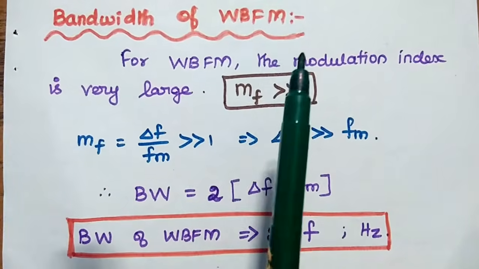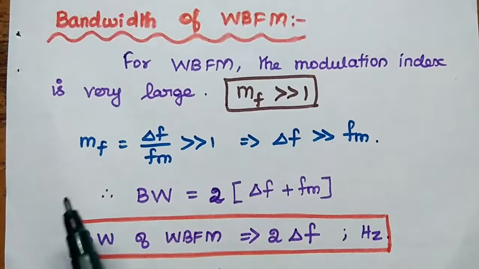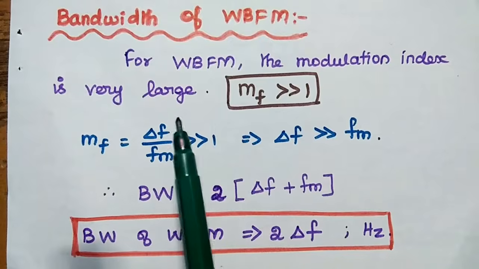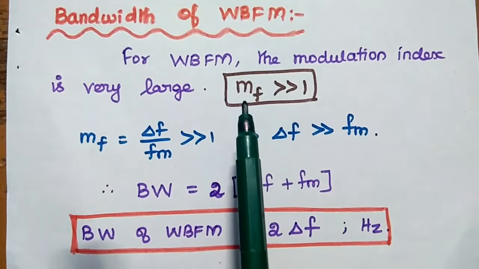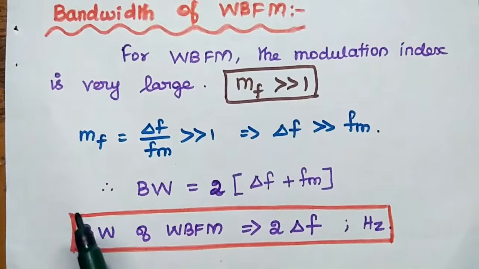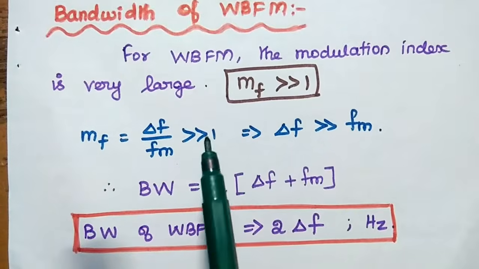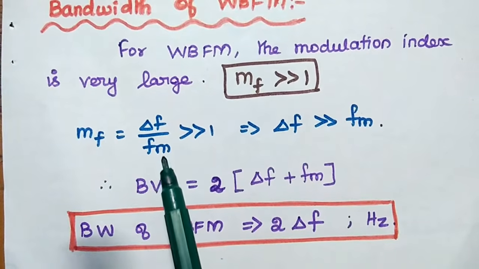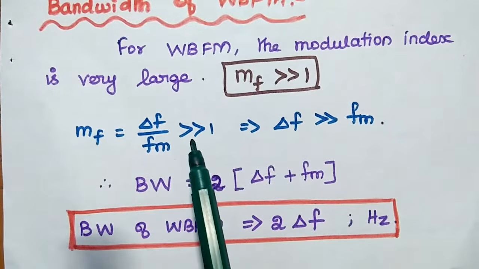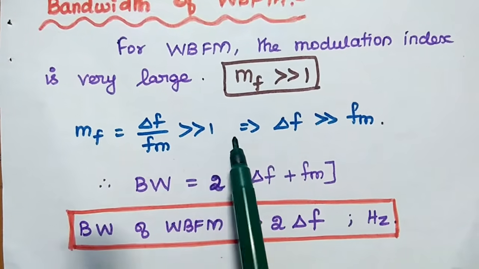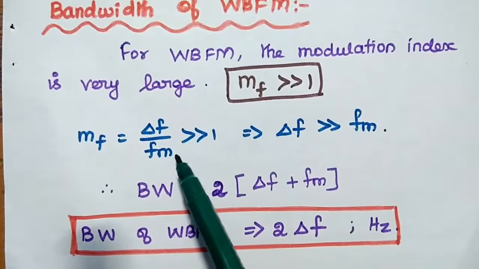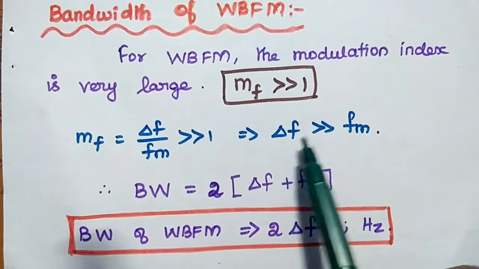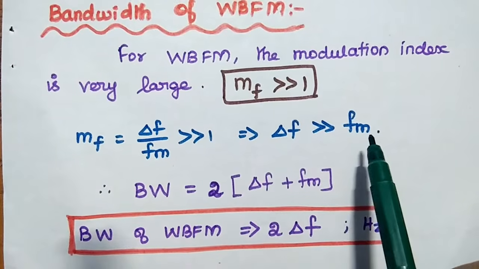Bandwidth of wideband frequency modulated signal. For wideband frequency modulated signal, the modulation index is very large. Okay, so here MF is far greater than 1. MF, that is modulation index, is equal to delta F by Fm. It should be far greater than 1. So if I move this Fm to this side, then the frequency deviation is far greater than the modulating frequency.